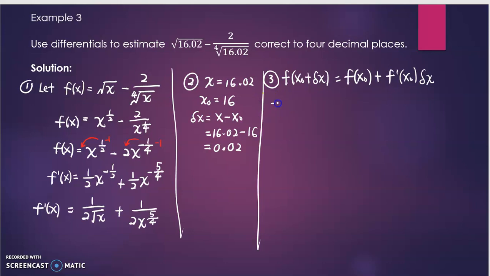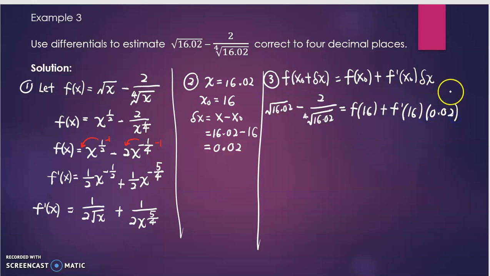So square root of 16.02 minus 2 over the fourth root of 16.02 will be equal to f(x naught), where our x naught is 16, plus f prime 16, delta x is 0.02. So this will be equal to, substitute 16 into the function of f(x).